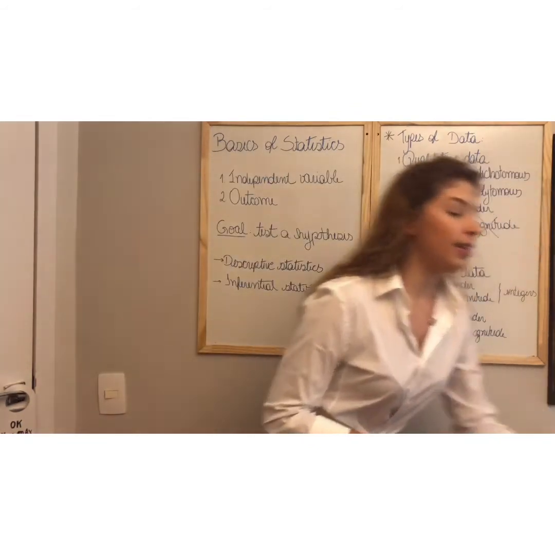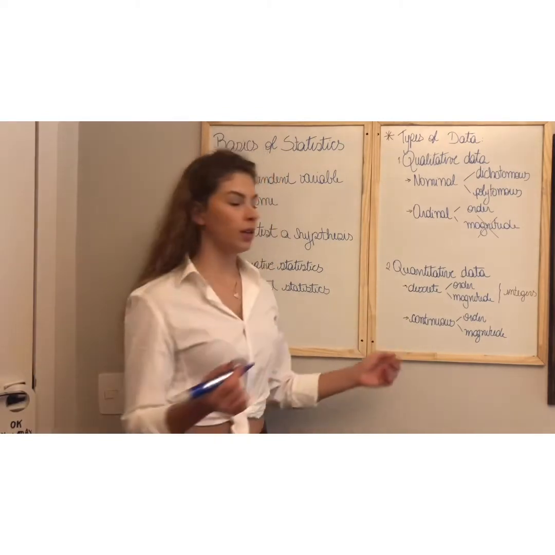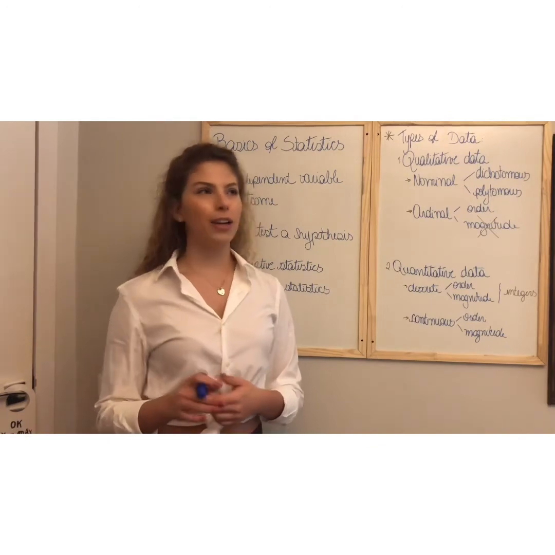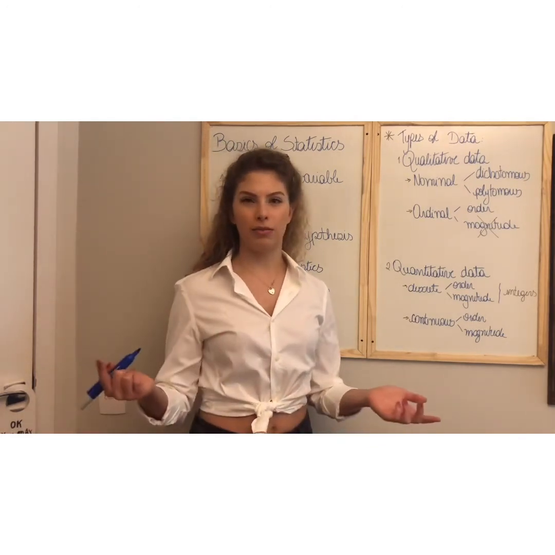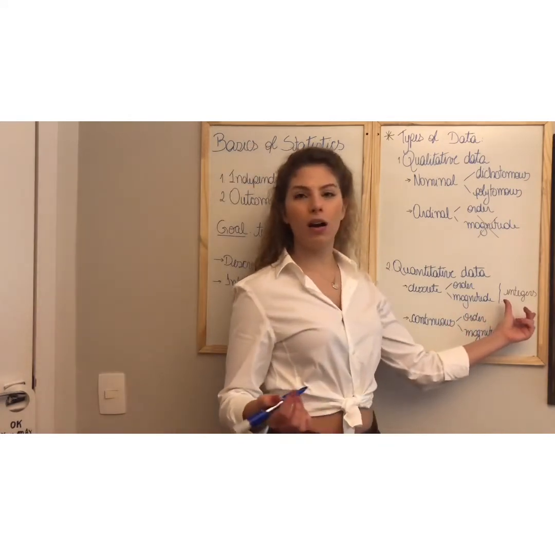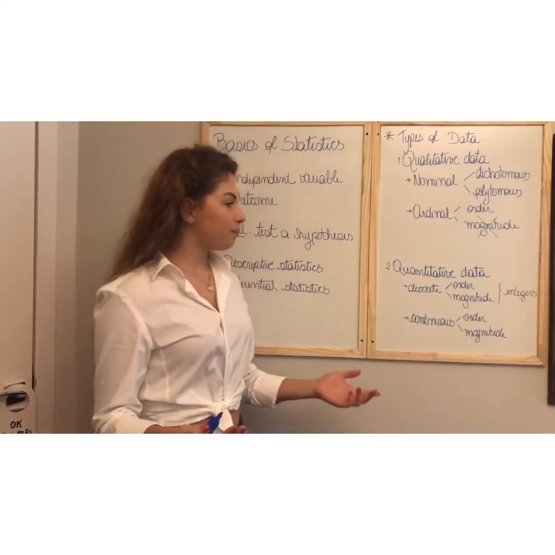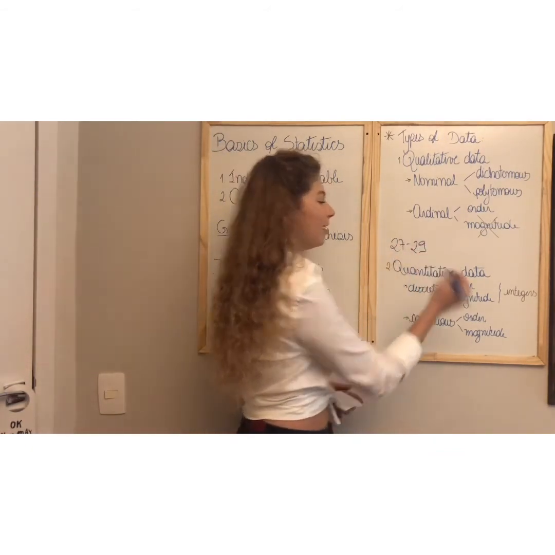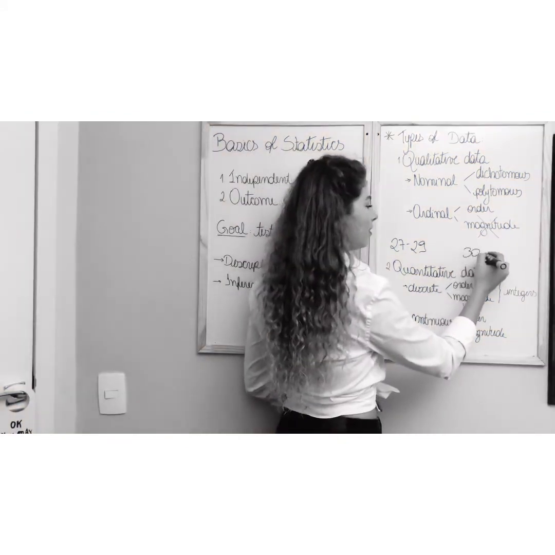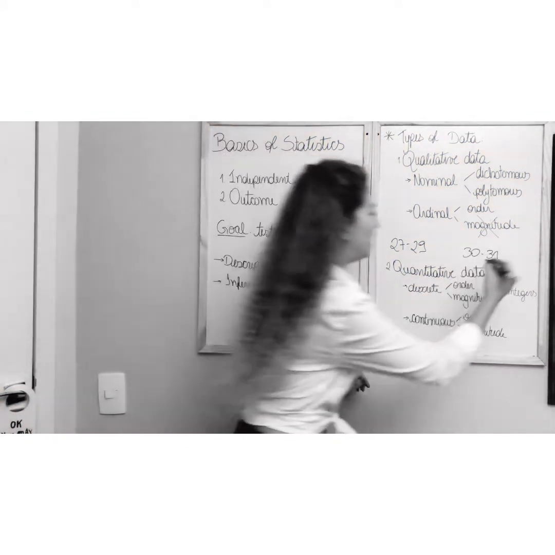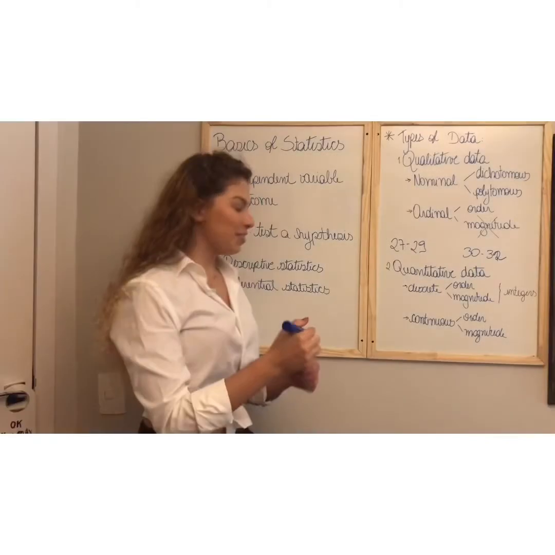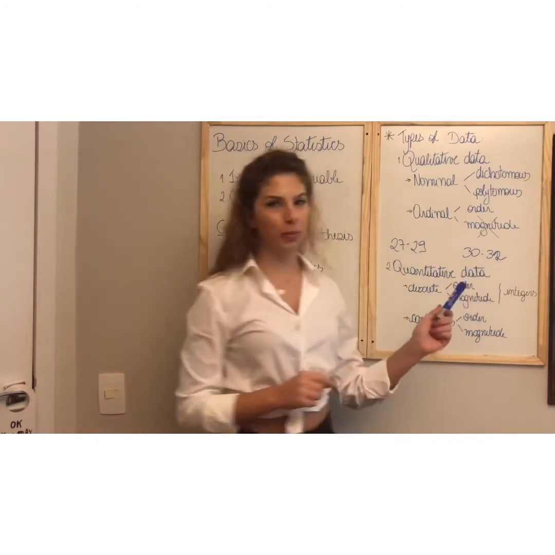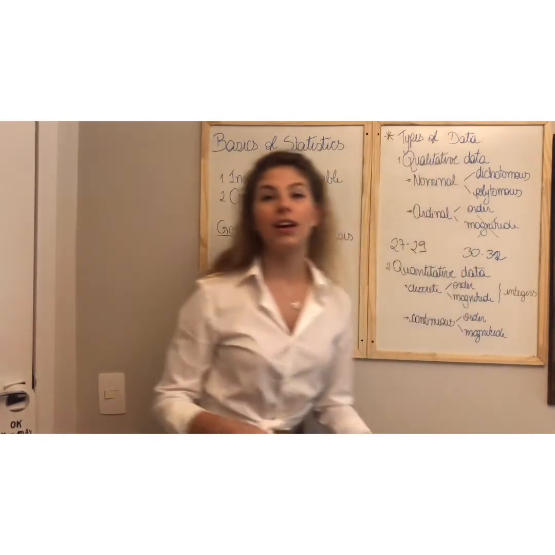For example, the number of birds in city A and number of birds in city B. I cannot have one bird and a half, right? So I'm focused only on whole numbers, right? But the difference between, I don't know, 27 birds and 29 birds is the same as between 30 and 32. So I have a difference of 2 birds here and a difference of 2 birds here, right? So the magnitude matters.